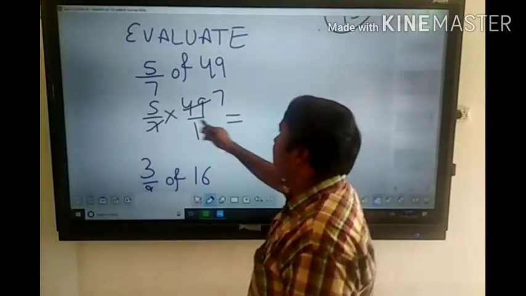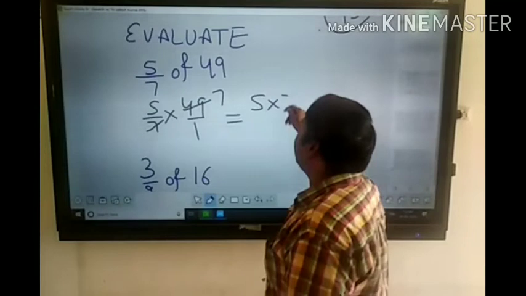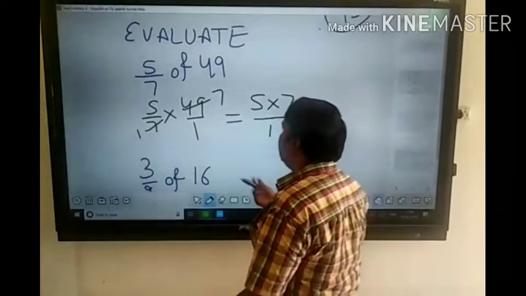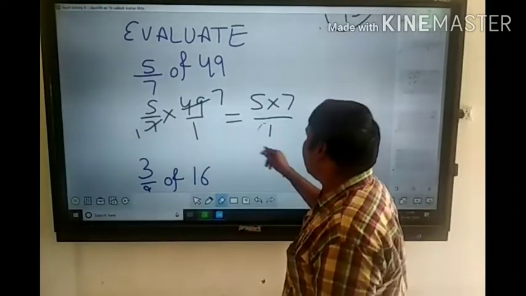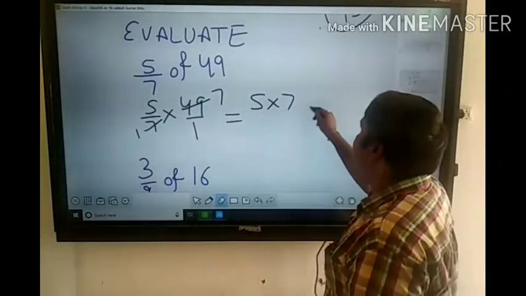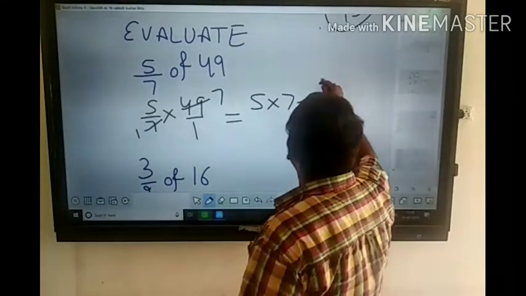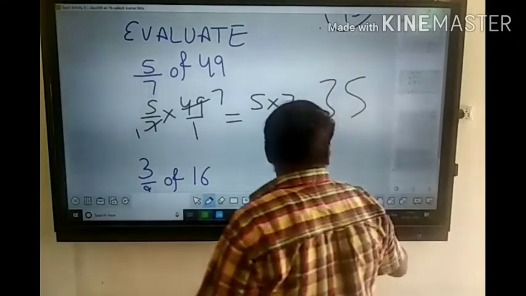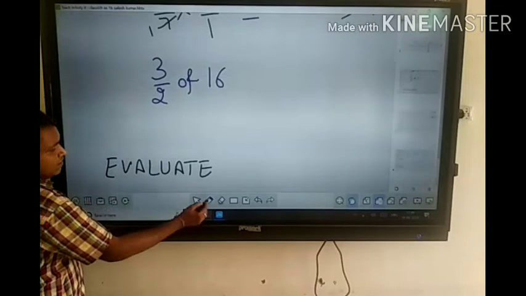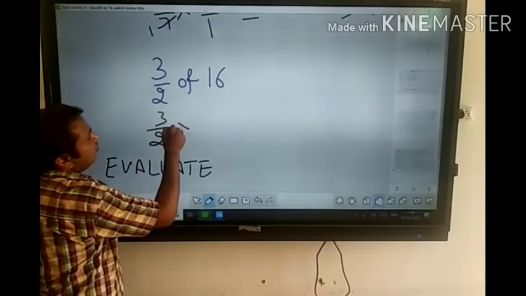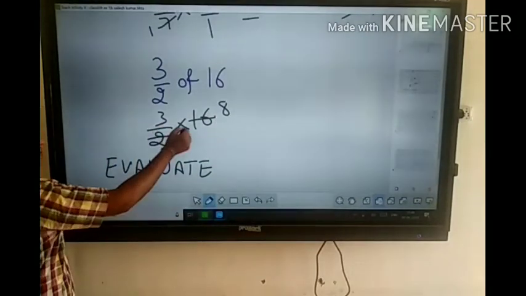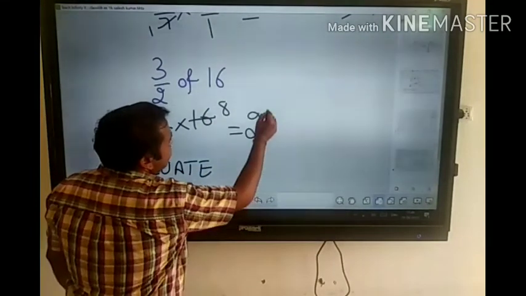After doing this, we will have to multiply numerator with numerator and denominator with denominator. In the denominator, there is only 1, so no need to write this 1. We can skip this. Now, the answer is 35. Again, we will see 3 by 2 of 16, that is 2 eights are 16, and 3 multiply 8, that is 24.